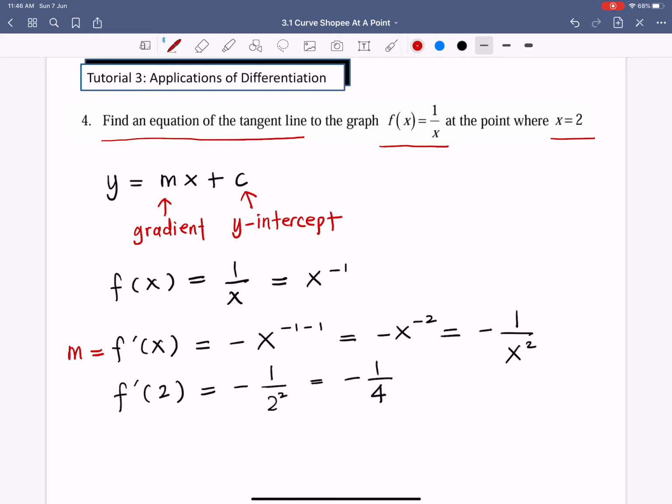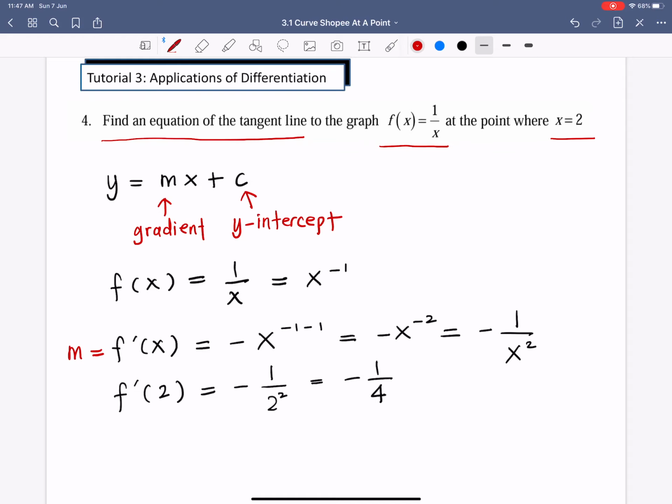Based on this, we now have the m value, but we don't yet have the value of c, because when you express the equation of the tangent line or the linear equation y equals mx plus c, you must have a specific value of m and a specific value of c. We already have the value of x, which is x equals 2.